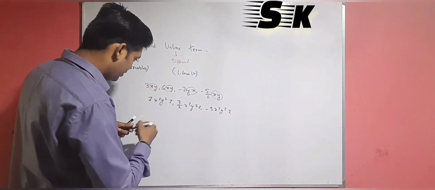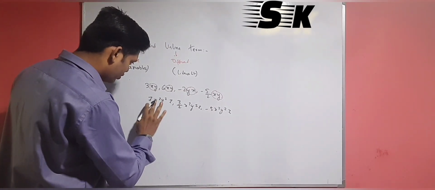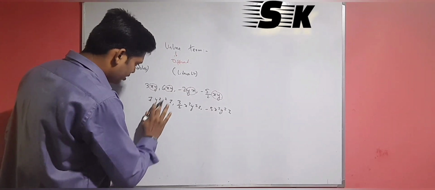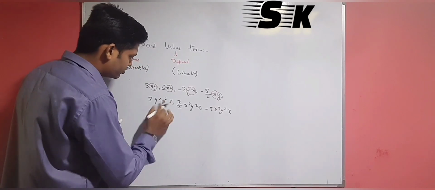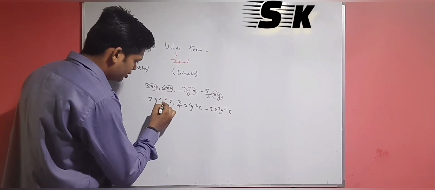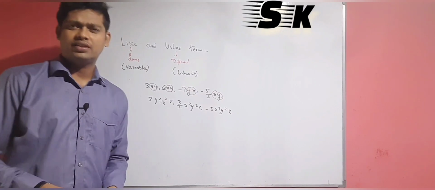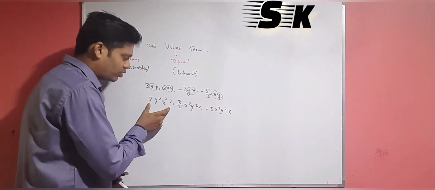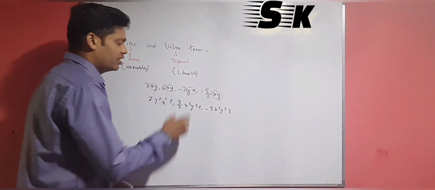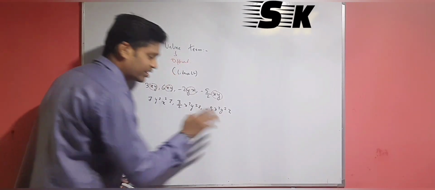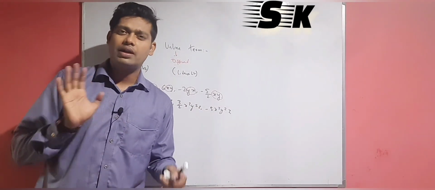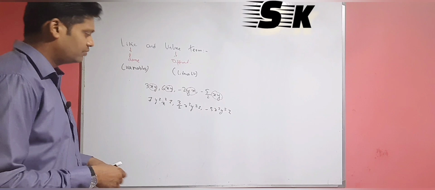Now if I change the order to y square, x square, z, are x square and z unlike? No, they are like terms, as you told us that it should be present in the particular term. x square y square z is there in each; it doesn't matter if it's front side or back side. It's a clear like term.